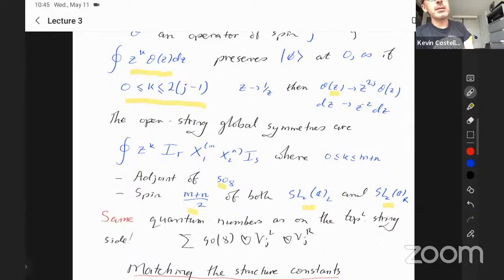I haven't explained how to calculate the quantum numbers of the closed string operators, but it's not hard to check that they also match. So what we haven't done so far is match the structure constants of these Lie algebras.